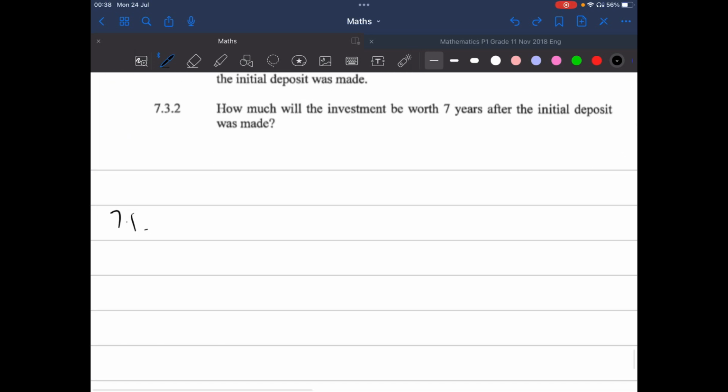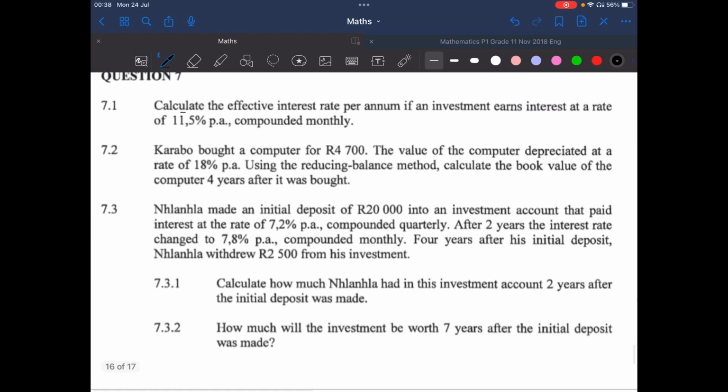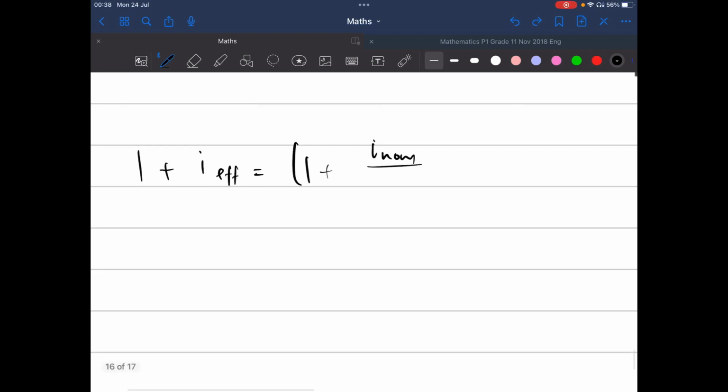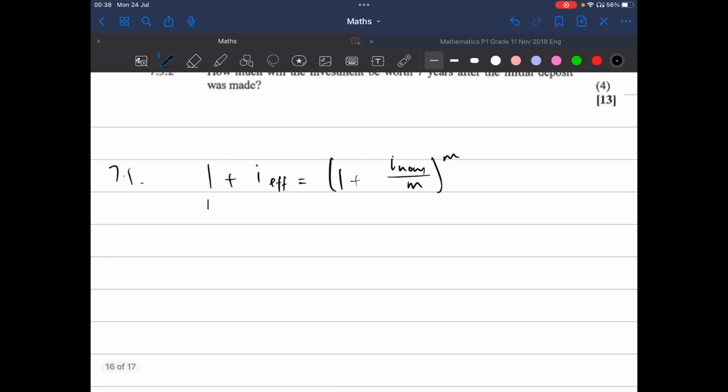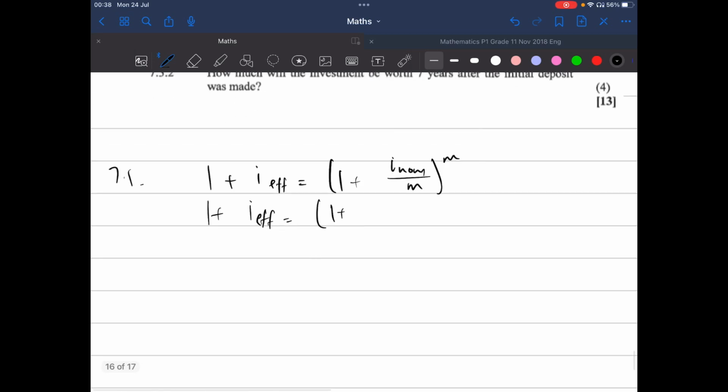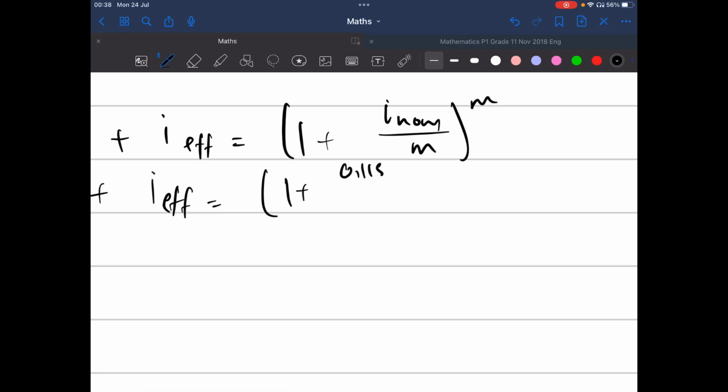Now, to calculate that, there's a formula. So it's 1 plus i effective equals 1 plus the i nominal, so this is the nominal interest, if you are compounding, over the time, to the power of the time. So 1 plus, and now we're solving for the effective. 1 plus the nominal is 11.5%, so that's 0.115.